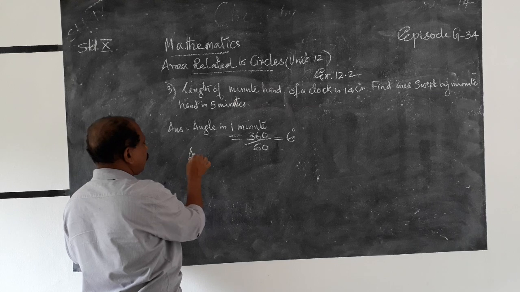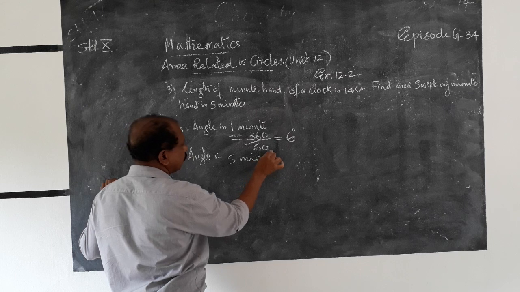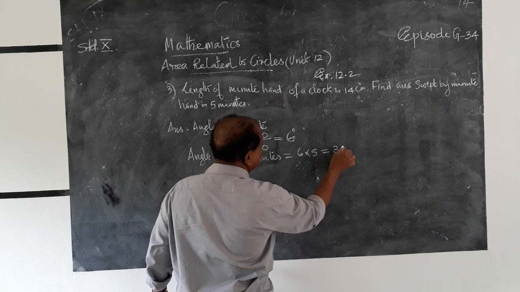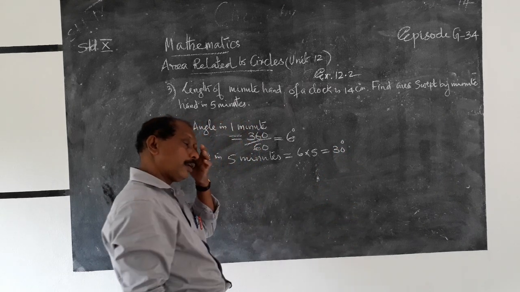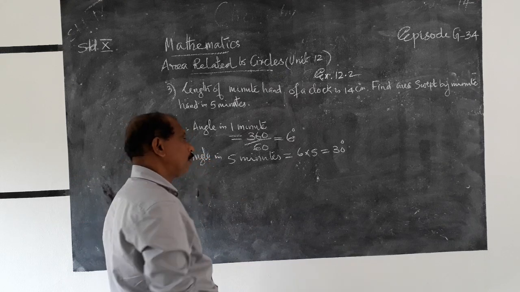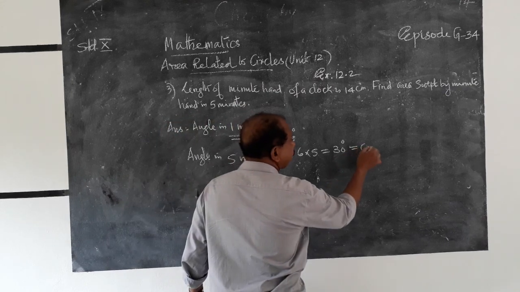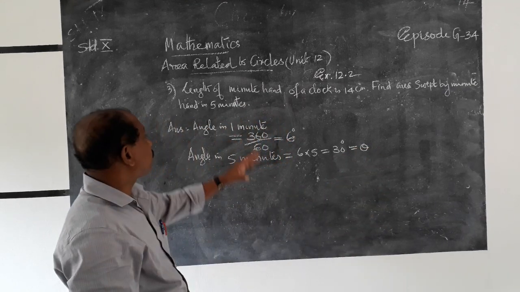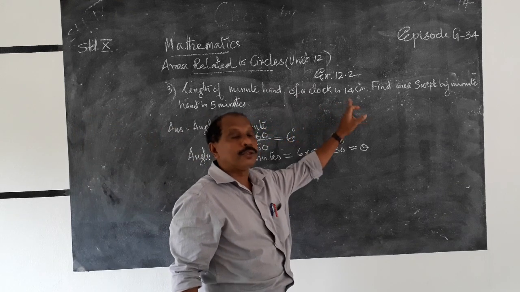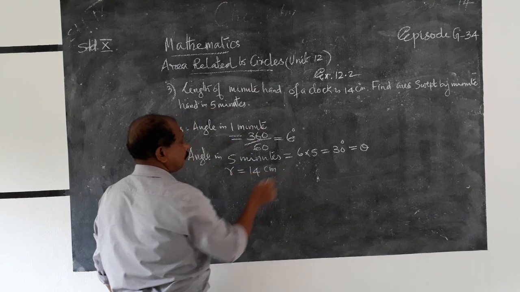Therefore, angle in 5 minutes is equal to 6 into 5 is equal to 30 degree. That is equal to theta. Then radius is equal to length of the minute's hand, that is 14. R is equal to 14 centimeter.